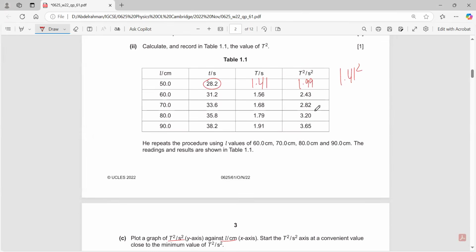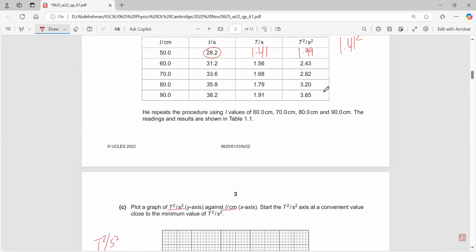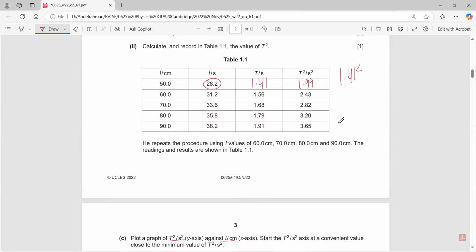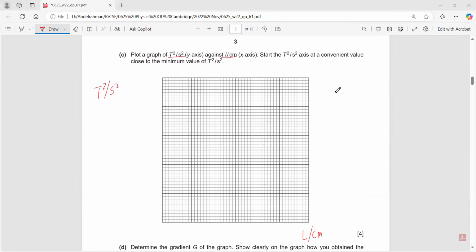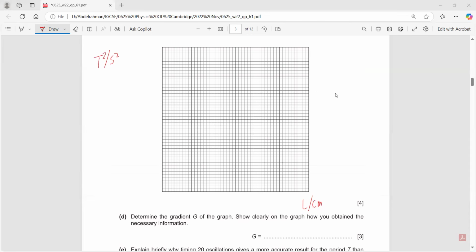T squared starts from 1.99 all the way up to 3.67. So no, you cannot start from 2. We can start from probably 1.8, maybe 1.5, and we need to go all the way up to 3.65.